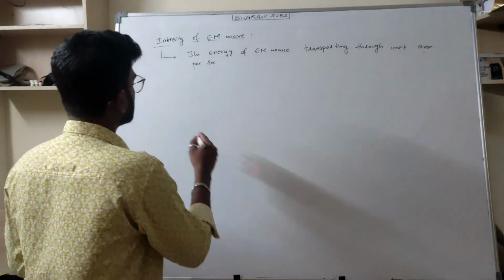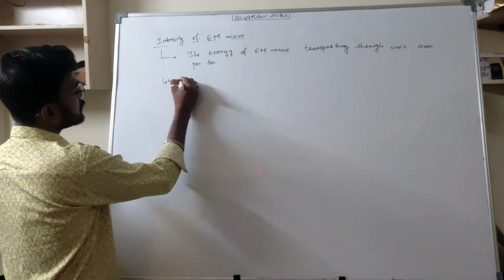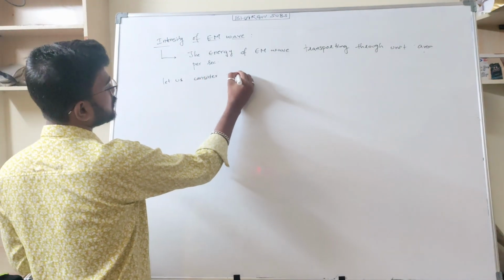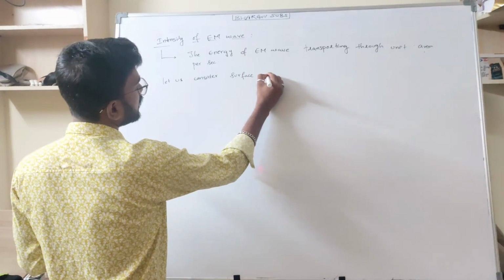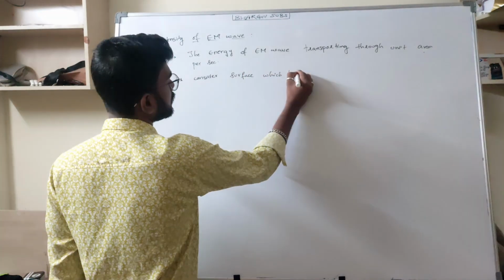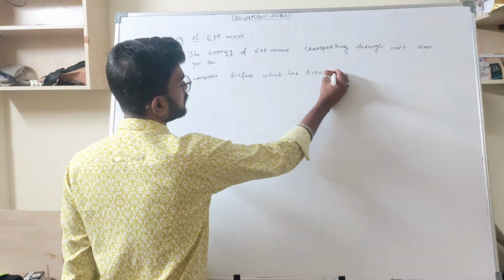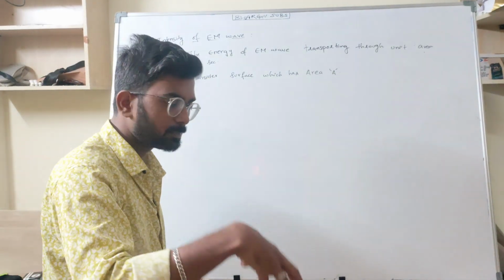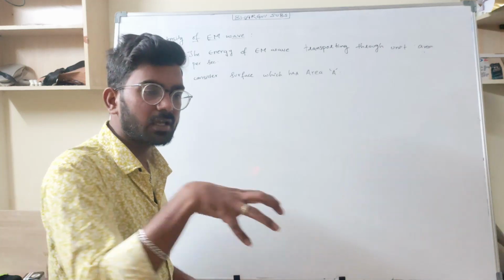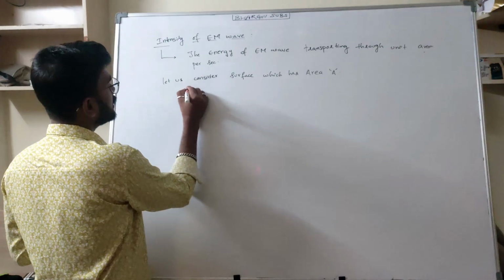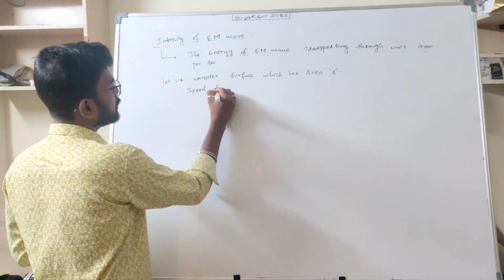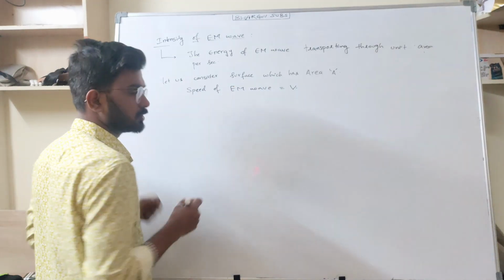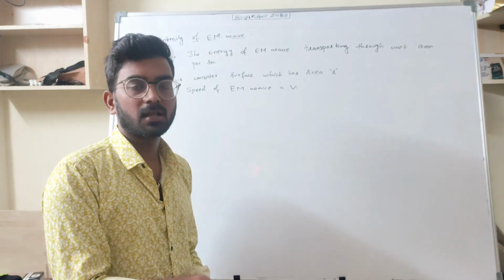So let us consider a surface which has area A. Okay, so we are considering the area A, and now with speed v, the electromagnetic wave is hitting the surface. So speed of EM wave is equal to v. Okay, now it is hitting perpendicularly.